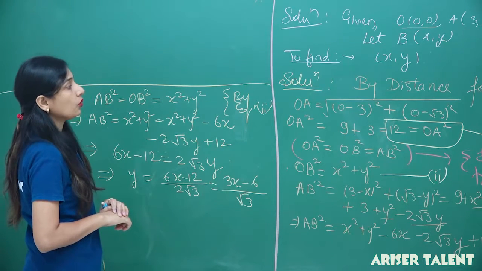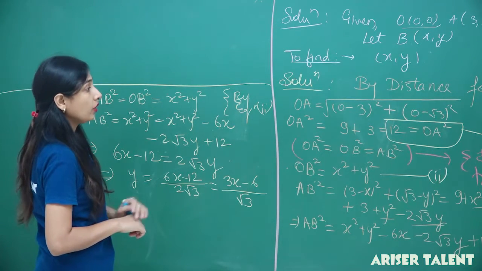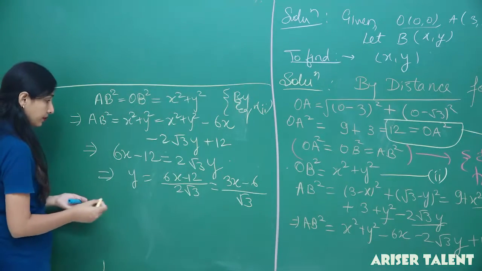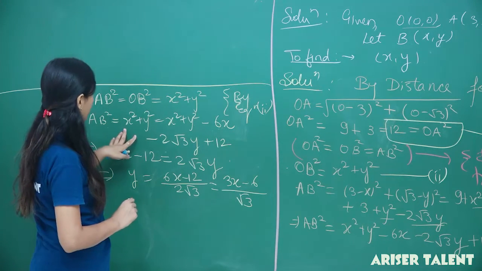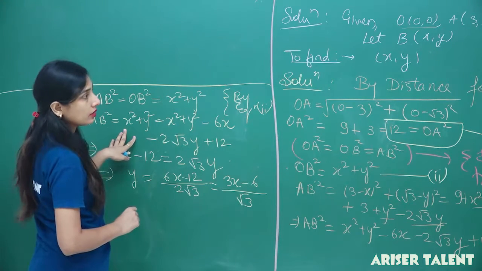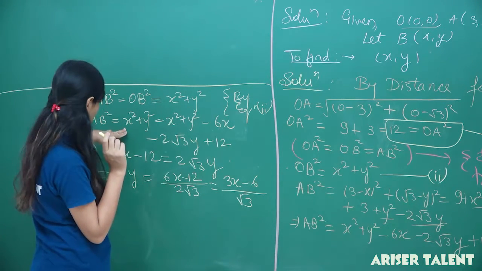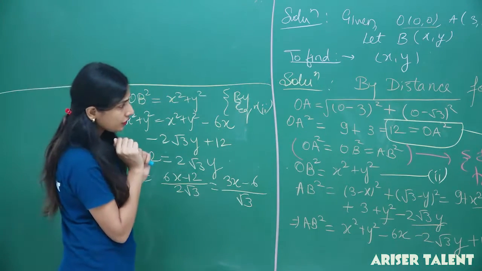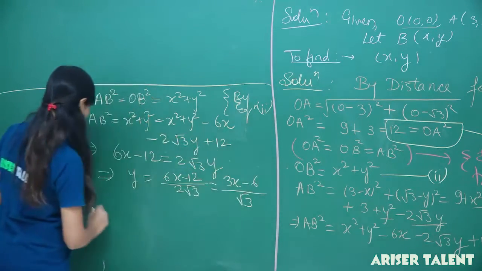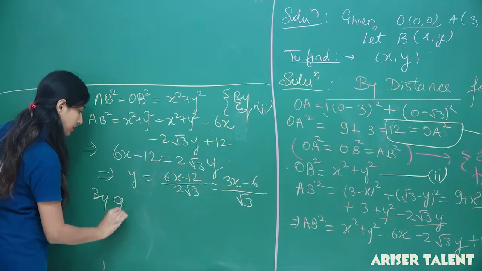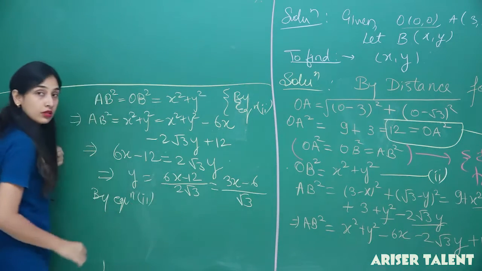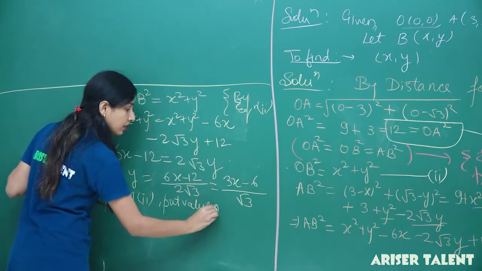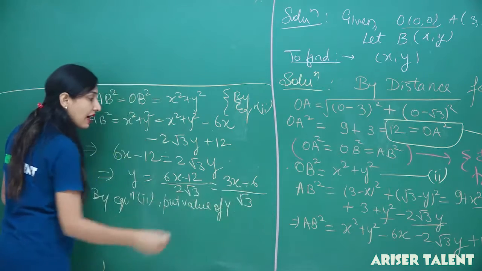Now student, if I talk about OA, OA square equals 12, right. So I assume this particular equation for OA square. Which equation will I take? This OB square by equation 2, and put the value of y.